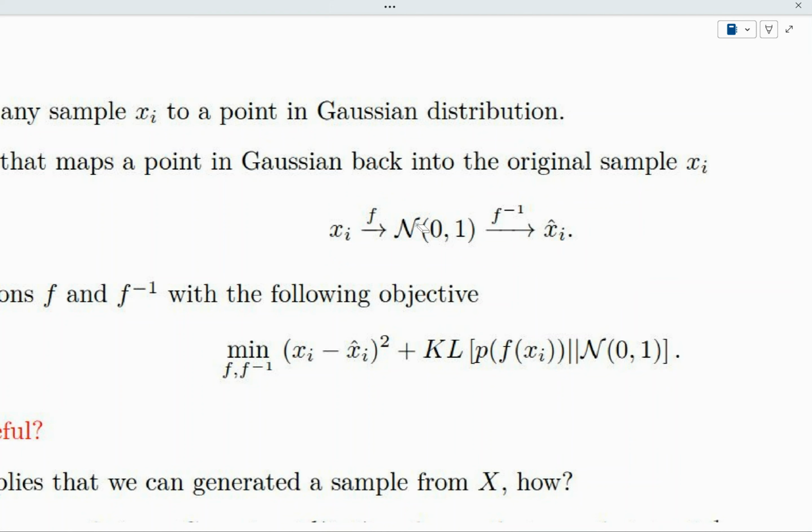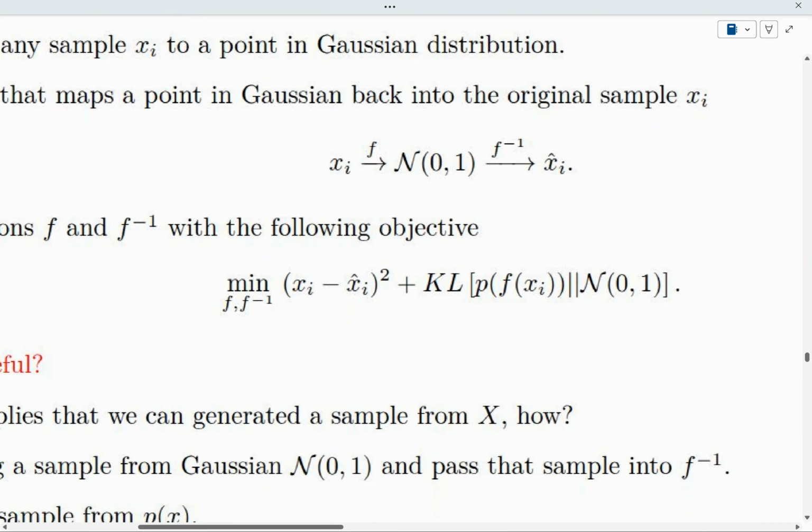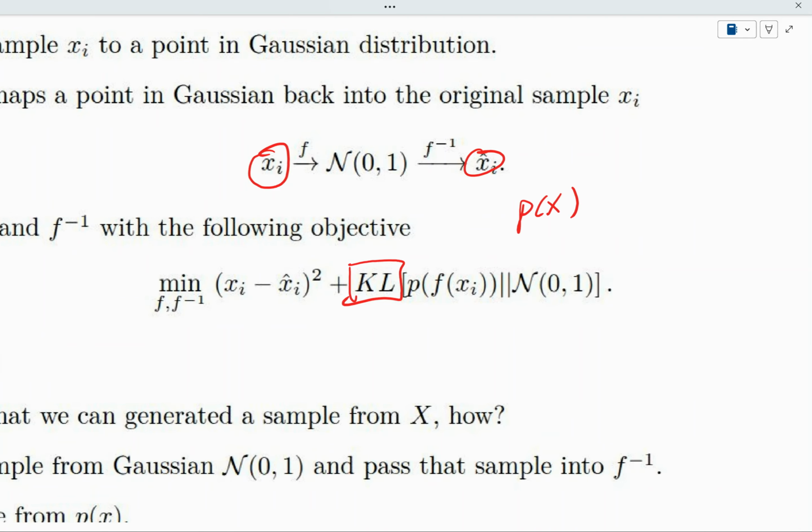Well, we can learn this function using this objective. We have a mean square error saying that we want the input and the output to be the same, right? We're trying to minimize the error between input and output. And then we have this measure of KL divergence. So we will learn KL divergence next class, but the idea is, if you have a probability distribution P, and you're trying to mimic it using Q, how do you measure the error between them?